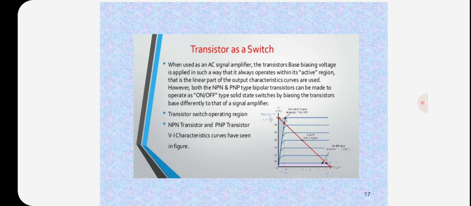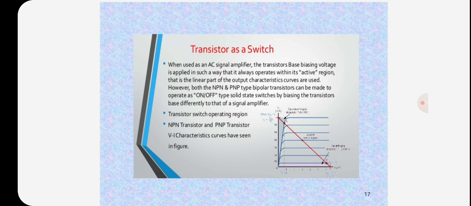The transistor as a switch, when used as an AC signal amplifier, has the transistor base biasing voltage applied in such a way that it always operates within its active region, that is, the linear part of the output characteristics curves is used.